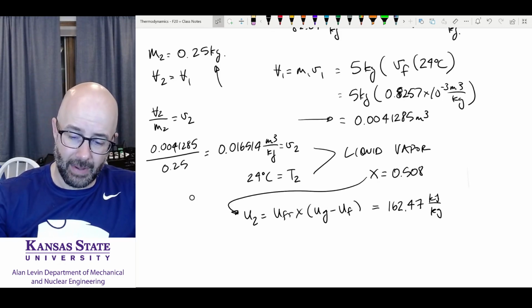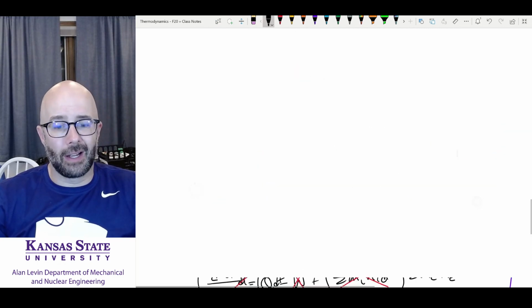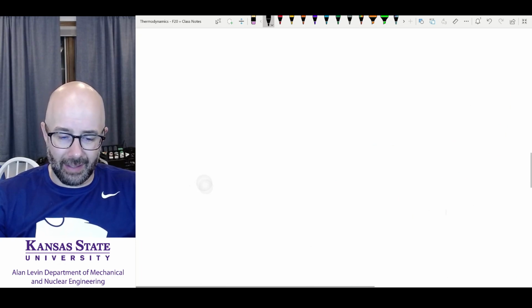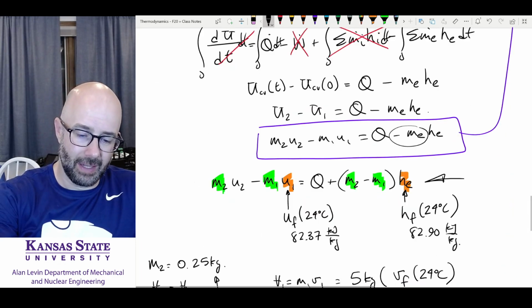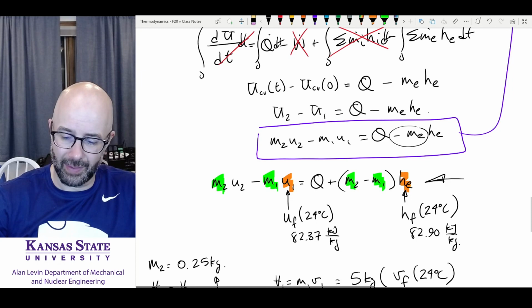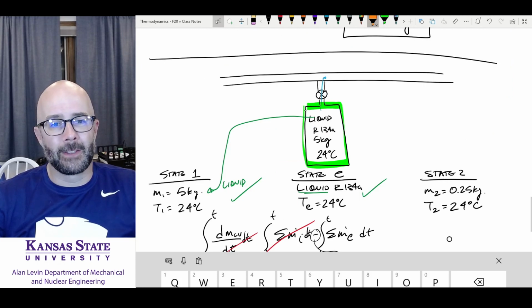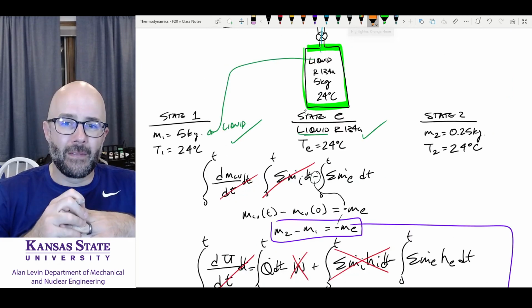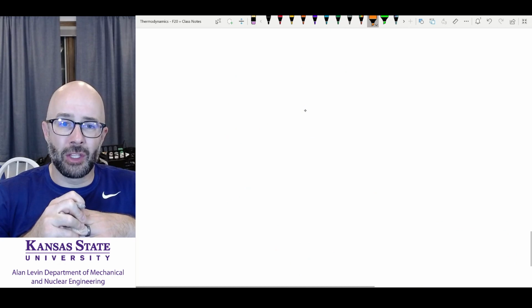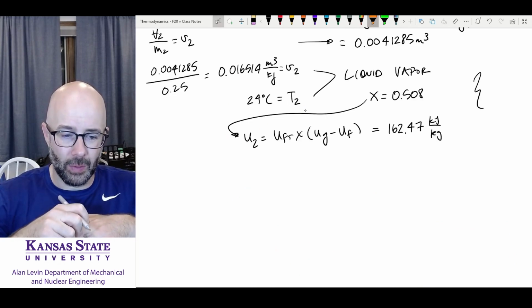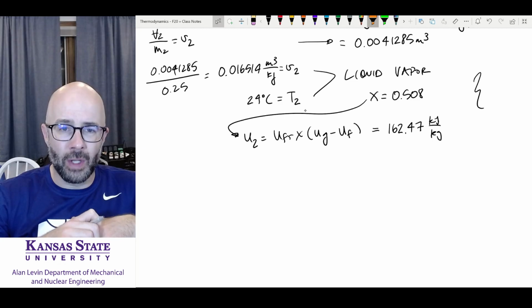Come on now, oops, computer. And we're slowing way down. This is the problem that I really have to solve. I thought I had it solved. Sorry about this, folks. So this is now my U2 value.